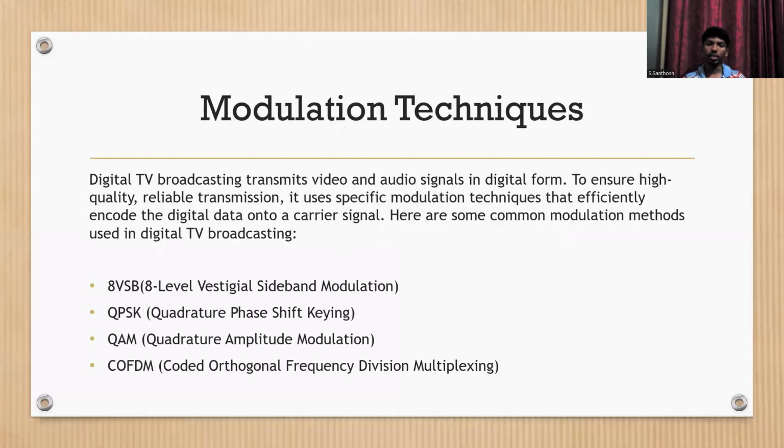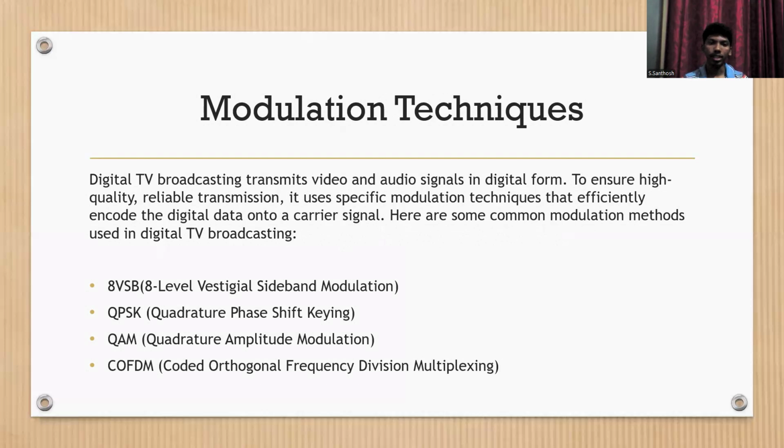Modulation techniques that are used in digital TV broadcasting. As I said, we'll be using modulation techniques to transfer all the audio and video. We all use TVs to watch shows and many other programs. So how is all this information transferred from the stations to our houses?